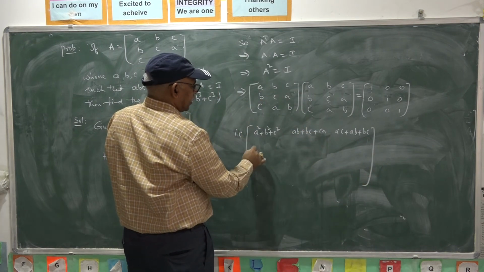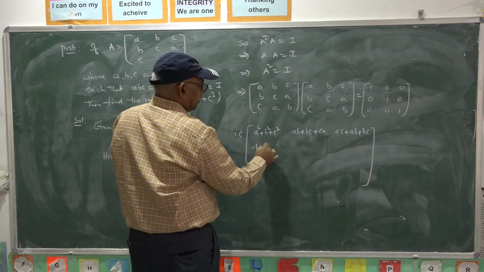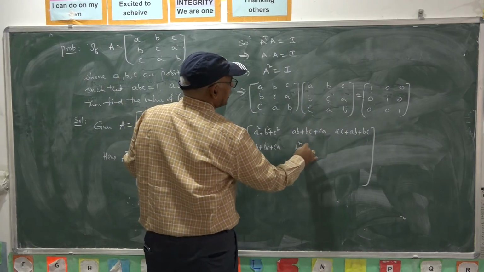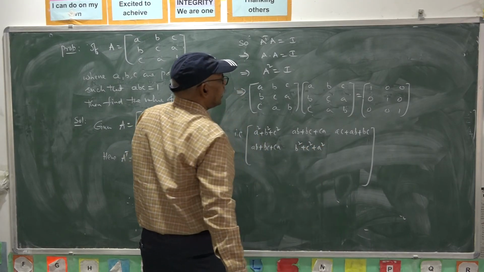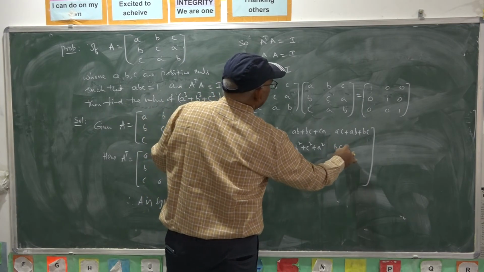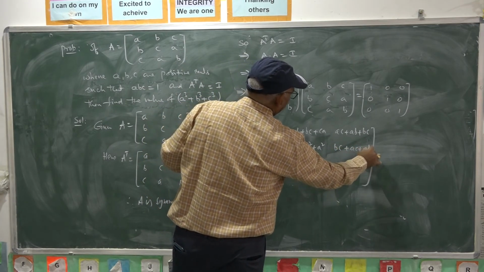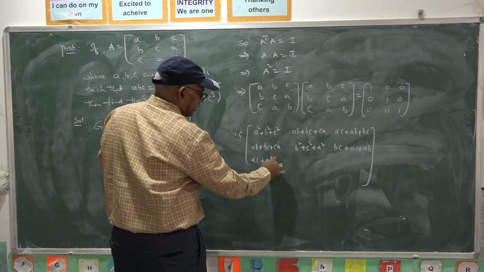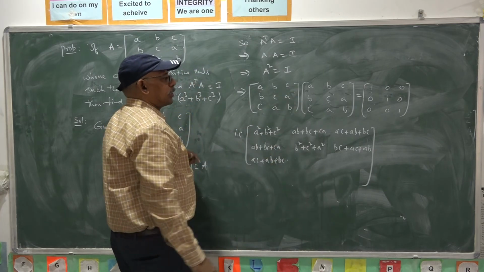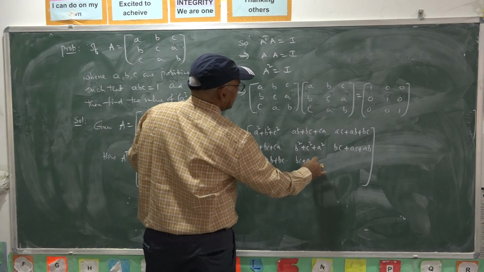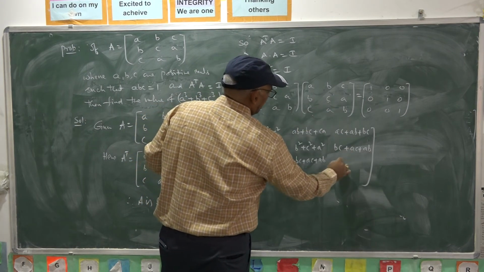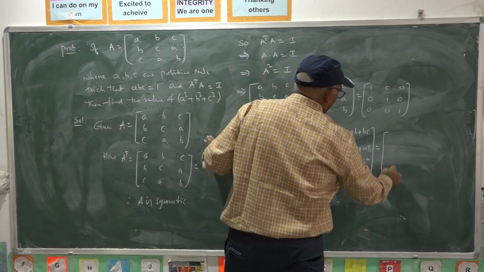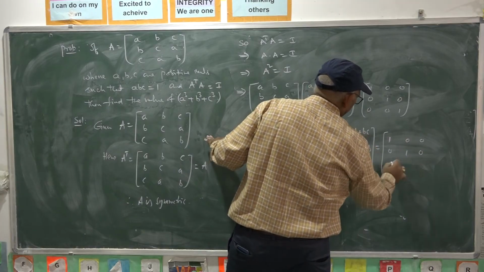Second row first column is AB plus BC plus CA, second row second column is B square plus C square plus A square, second row third column is BC plus AC plus AB. Third row first column is AC plus AB plus BC, third row second column is BC plus AC plus AB, and third row third column is C square plus A square plus B square, which is clearly [1 0 0; 0 1 0; 0 0 1].